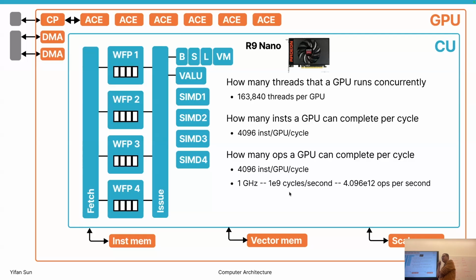A lane is not a register. A lane is a combination logic. You can simplify it's a combination logic. At least one lane stage is a combination logic. So yeah, it doesn't store anything.